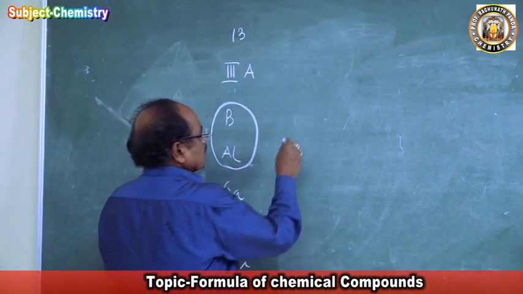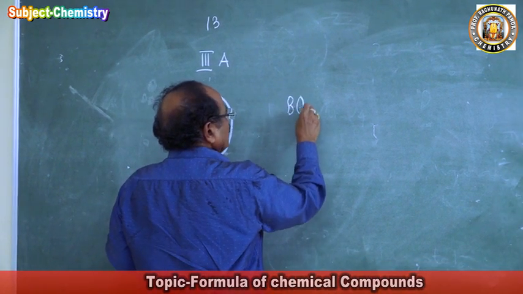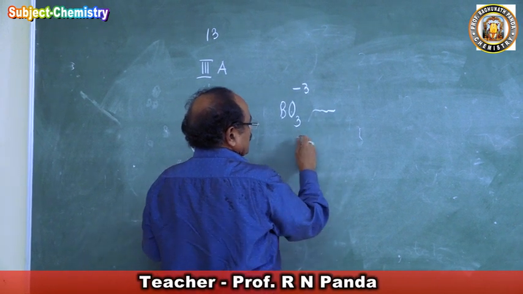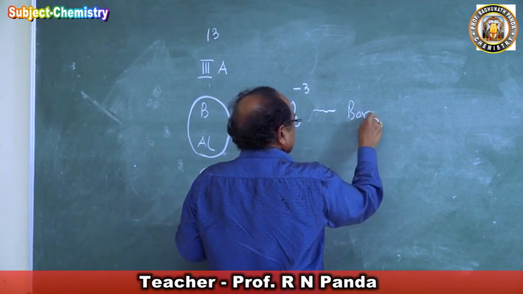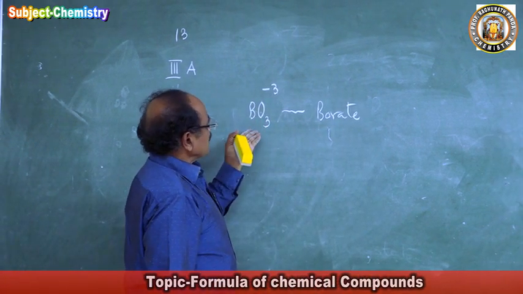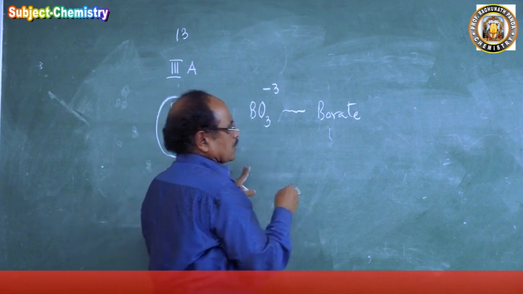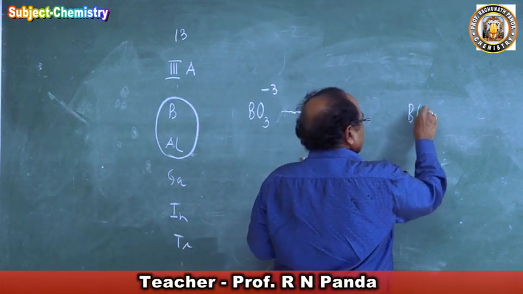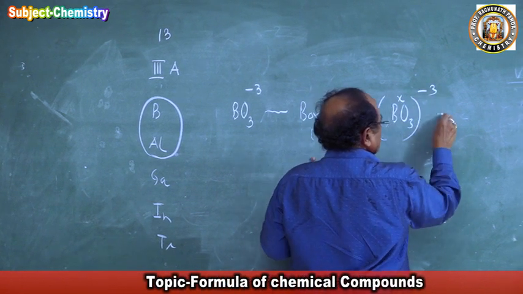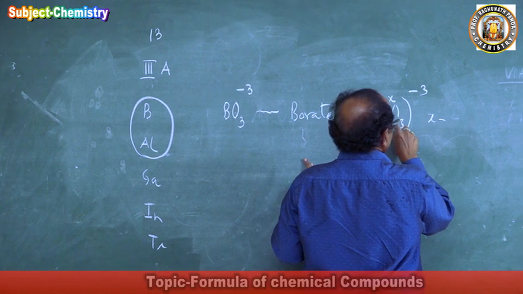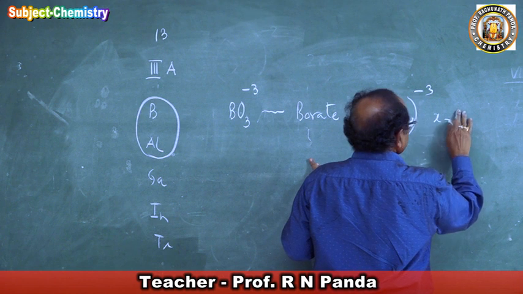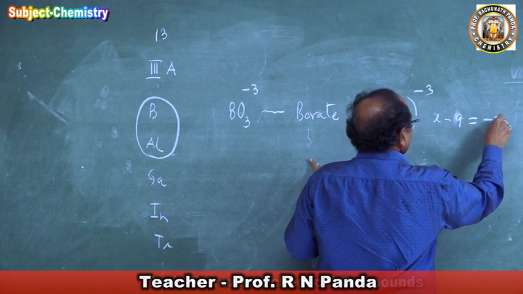Boron combines with oxygen to form BO3 minus 3. This is called borate. Somebody may ask, sir, how did you get this? Now boron is group 3A, so it's BO3 minus 3. If boron is X, then X minus 6, X minus 9 is equal to minus 3.